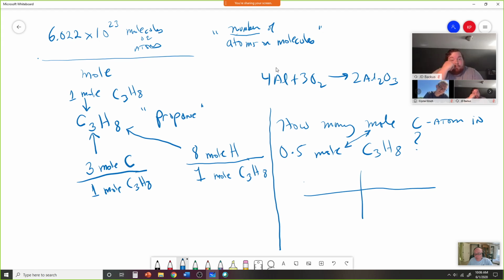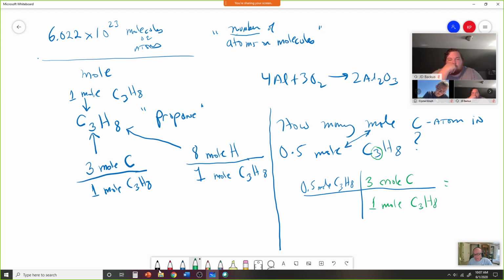We would say, well, we have 0.5 mole C3H8, all right, and then for every, let me circle this in green, for every one of these propanes, you have 3 carbons. And so you would say 3 mole carbon for every 1 mole C3H8.